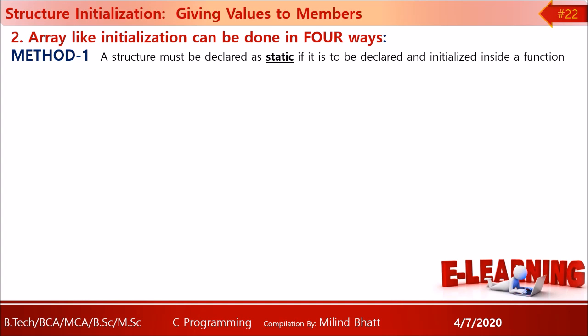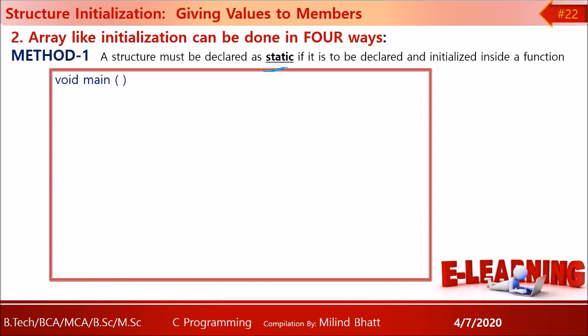Now the second one, array-like initialization, can be done in four different ways. Method 1: the structure must be declared as static if it is to be declared and initialized inside a function. That means static is always used when I am declaring a structure inside some function, it may be any function including main.